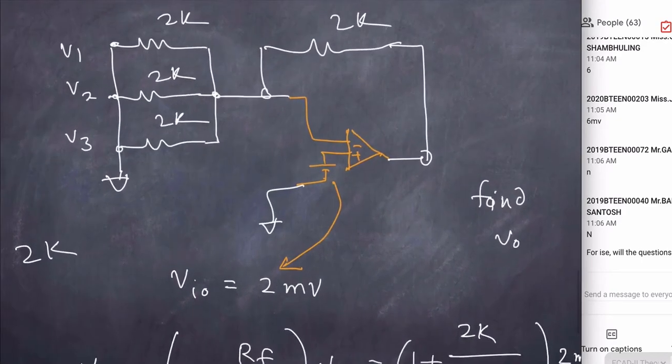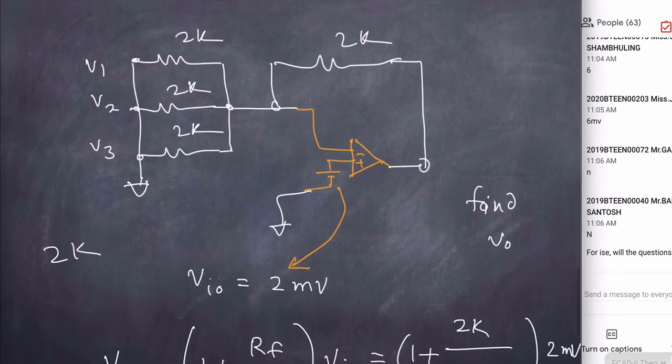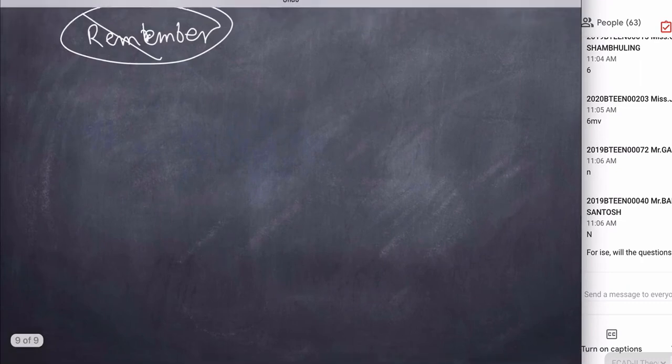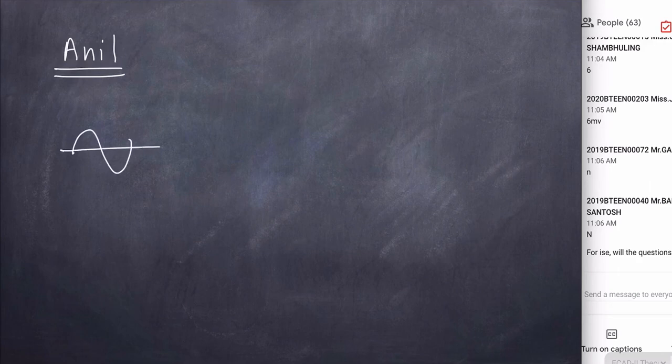One more example and then we'll take a pause. जैसे कि अनिल है, उसके पास एक सिग्नल है साइन वेव 0 वोल्ट साइन, और उसका पीक वैल्यू 100 मिली वोल्ट है या 50 मिली वोल्ट है, जो भी है.